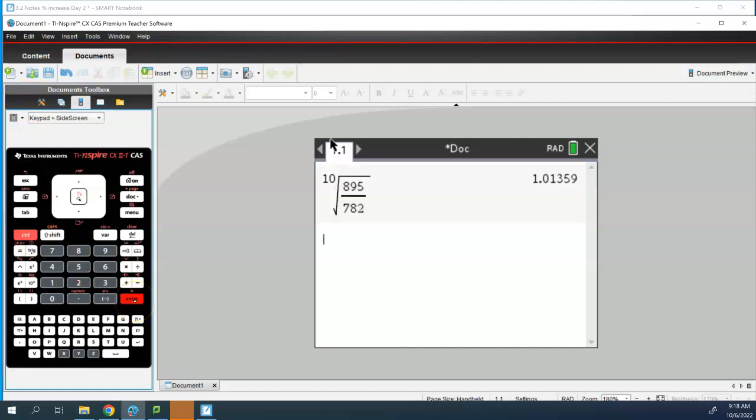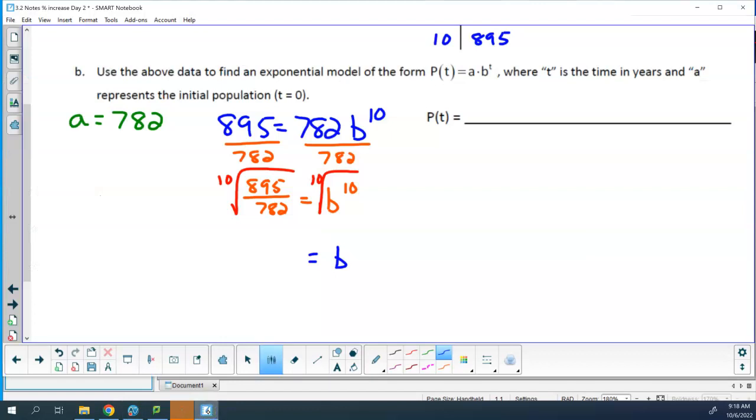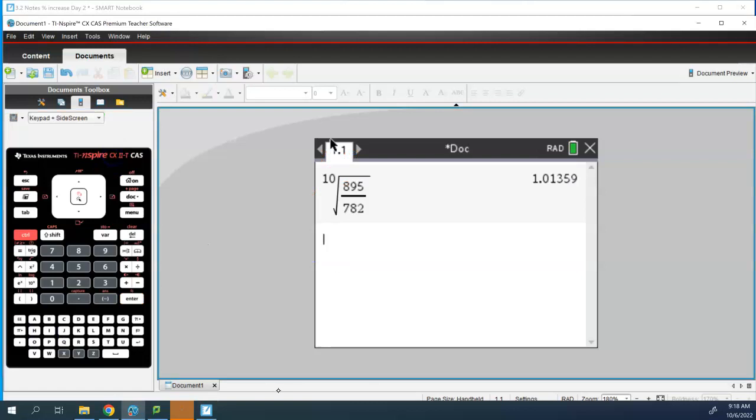And that will give me approximately 1.0135 for my B value.